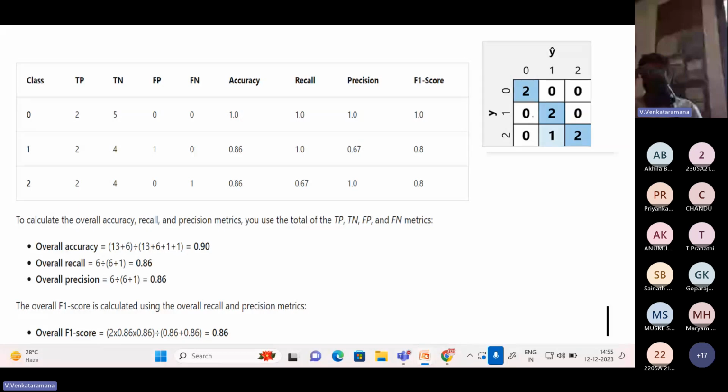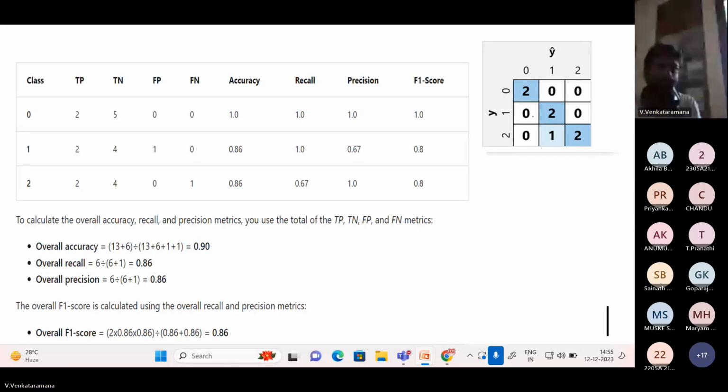And the examiners or experts who came to evaluate the projects asked the students about this confusion matrix. They did very good work, but unfortunately I forgot to discuss this confusion matrix with them. So hope that these types of questions will come up if you participate in any competition or go for any interview.